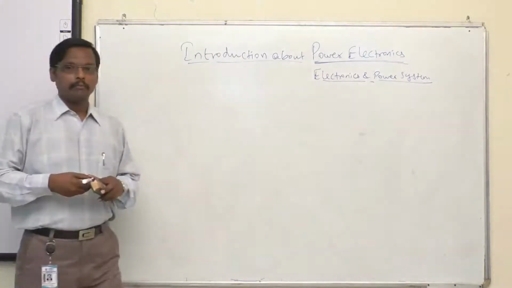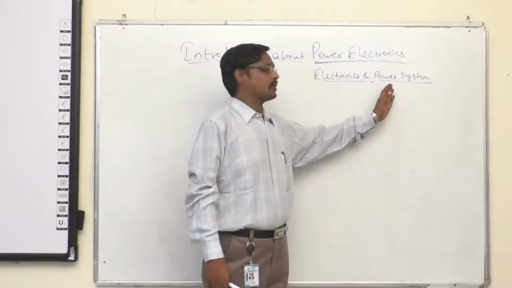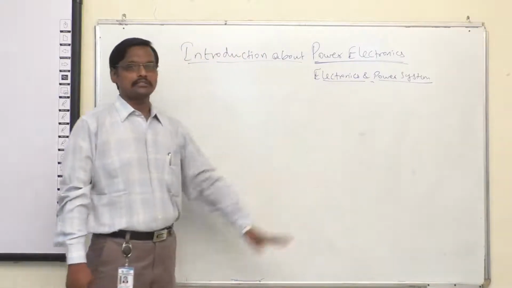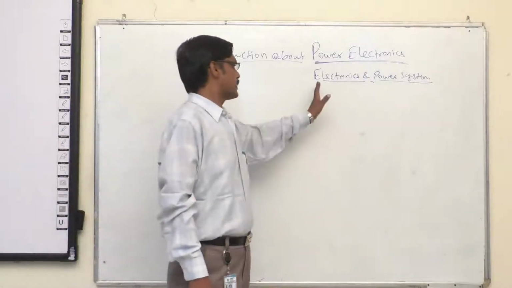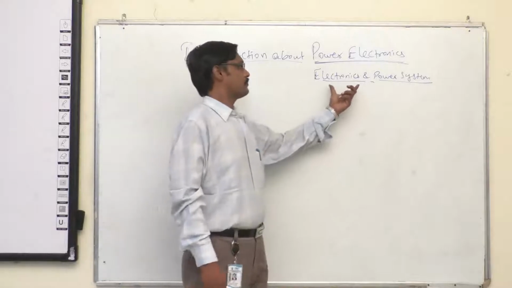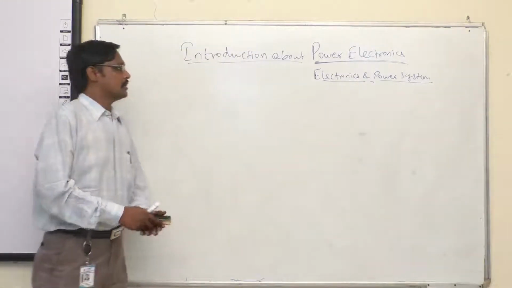We know that a power system deals with electrical energy generation, utilization, distribution, and transmission. Electronics is a study about semiconductor devices. The combination of electronics and power system gives you power electronics.